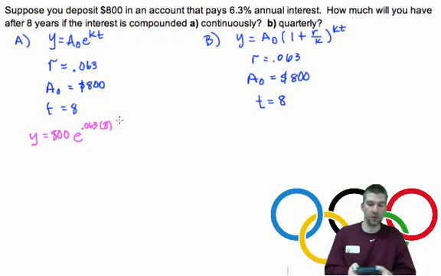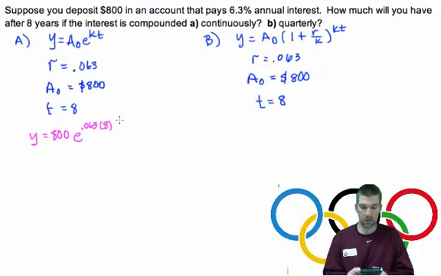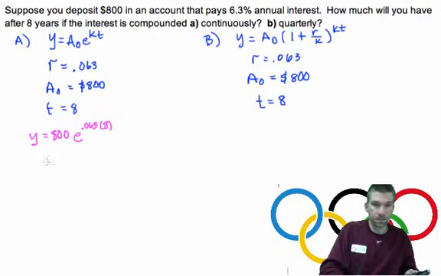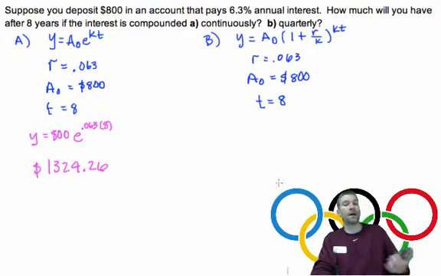So 800 times e to the 0.063 times 8 is going to be $1,324.26. That's how much we would have after 8 years if we start with $800.